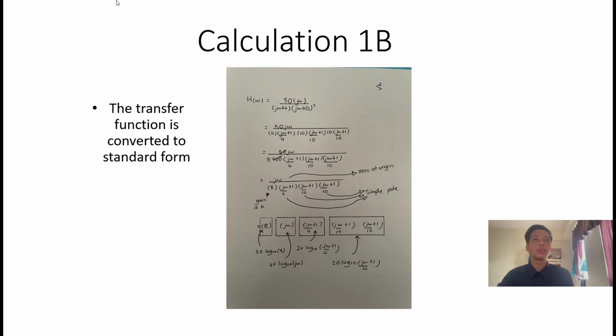We become 50 jω over 4 times (jω over 4 plus 1) and 10 times (jω over 10 plus 1).